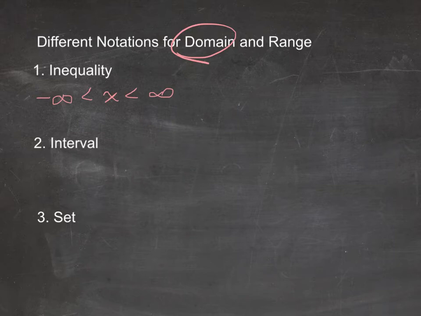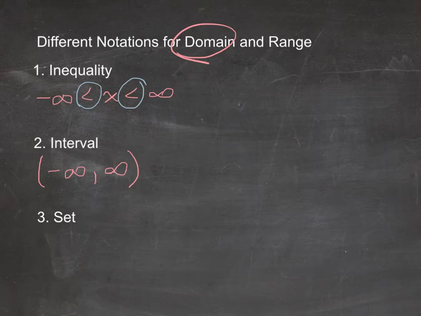We can also write the domain or range in interval notation. This would look like negative infinity to positive infinity with round brackets because I'm not including the infinities. If I look at the inequality signs here, they don't have equals on them. If they do have an equal, like less than or equal to, you make sure that you put a square bracket in interval notation.